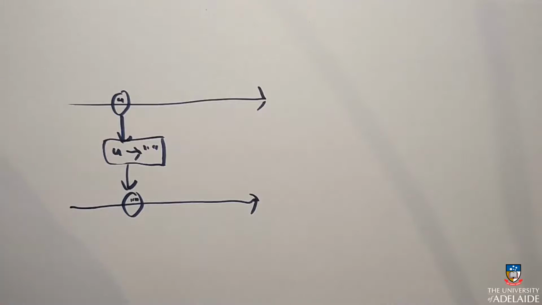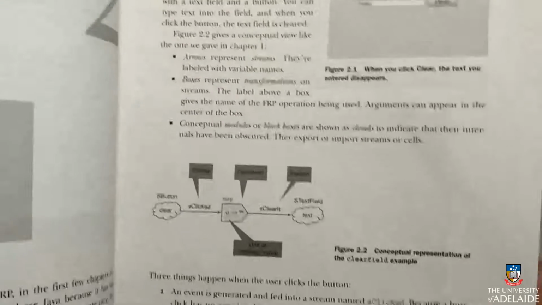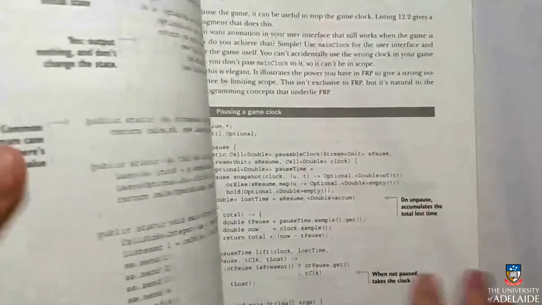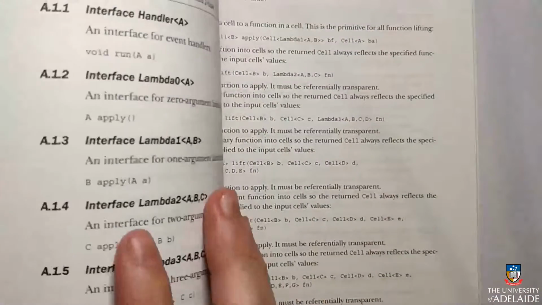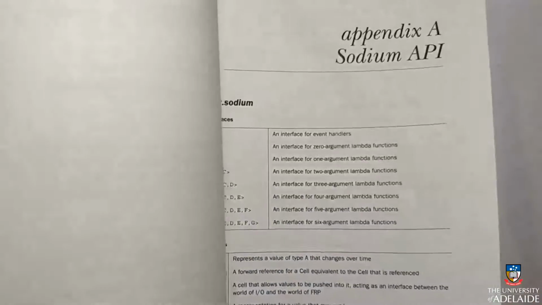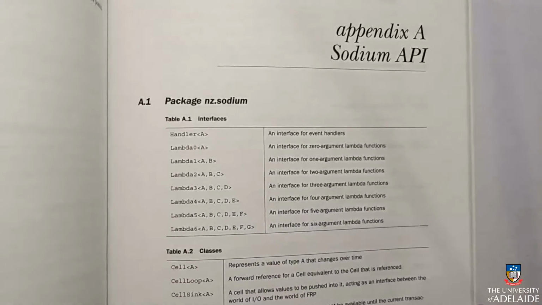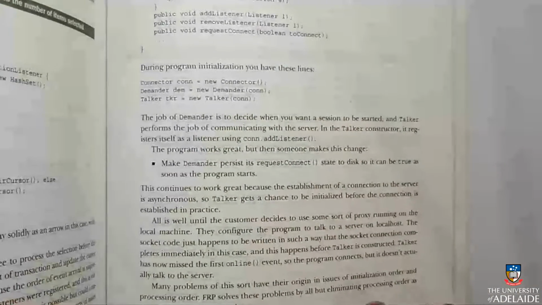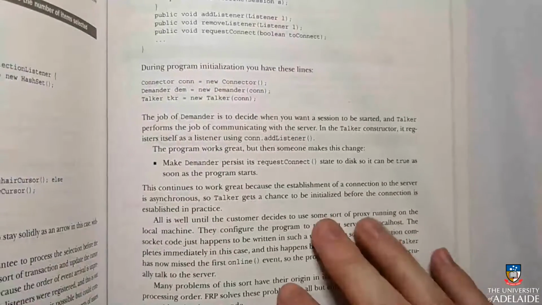And if you want to see some more examples of marble diagrams, because I know they don't get used very much in these chapters of this book, you can find them in the appendix at the back here. There's lots of good stuff in the appendix. First of all, you have a full API. So if you are having trouble finding the API for Sodium, take a look back in the appendix.